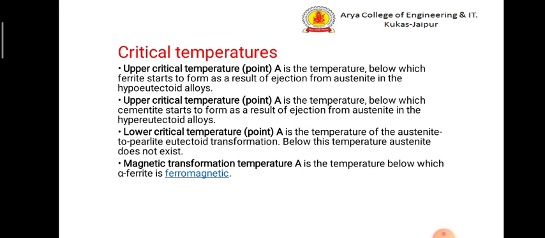Lower critical temperature point A1 is the temperature of the austenite to pearlite eutectoid transformation. Below this temperature, austenite does not exist. Magnetic transformation temperature is the temperature below which alpha ferrite is ferromagnetic.